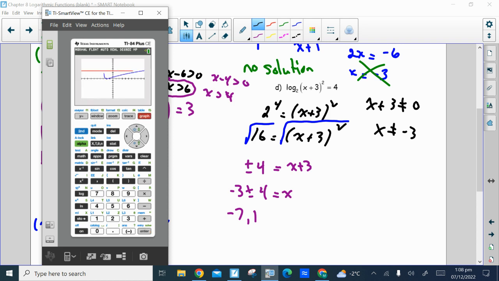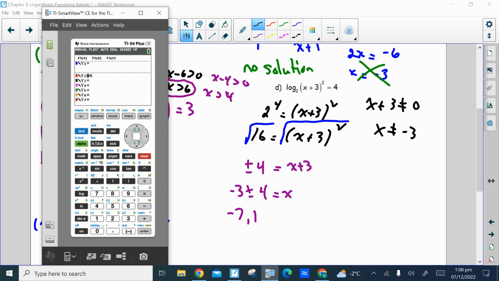So now when I graph this, this is what it looks like. I think I did something wrong here because I don't even get one of the answers and they both should work. Log of x plus 3 all squared over log of 2. That should have worked.